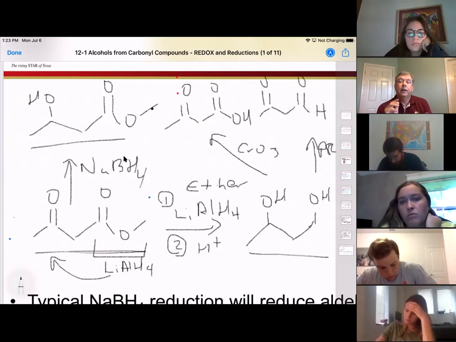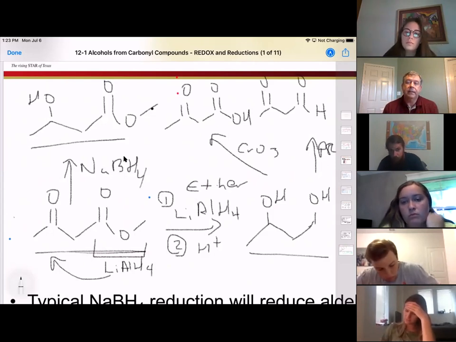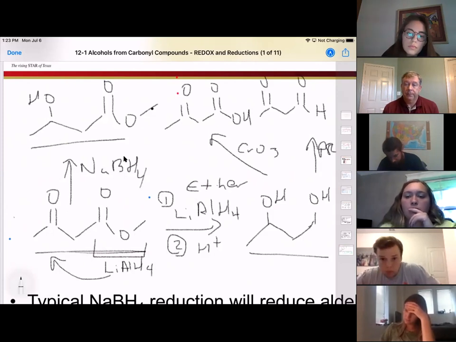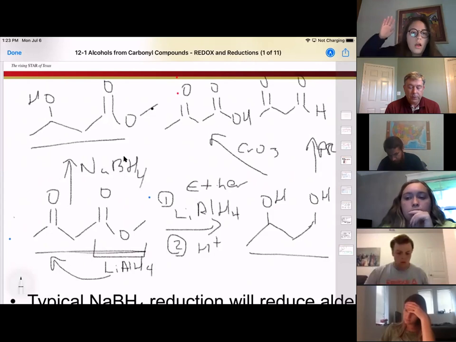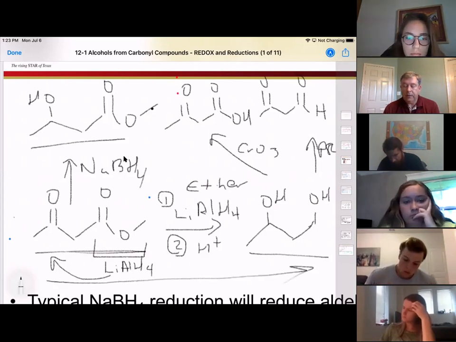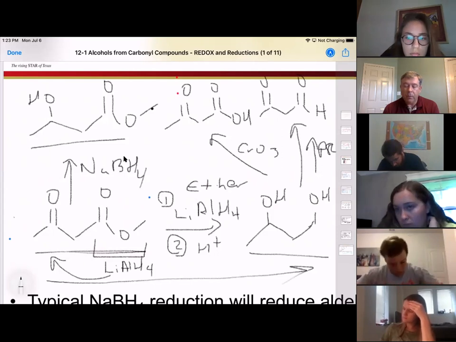Okay. So now do you see the reason for the selectivity of these reducing and oxidizing agents? Choosing which reagent you use in which order chooses your final product, okay? So we can reduce off our ester and get to our two different alcohols, and then we can turn it into an aldehyde and a ketone, or a ketone and a carboxylic acid.